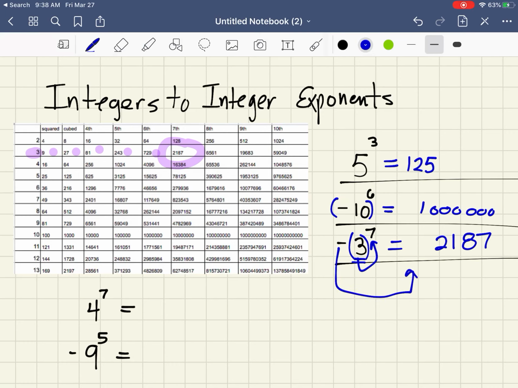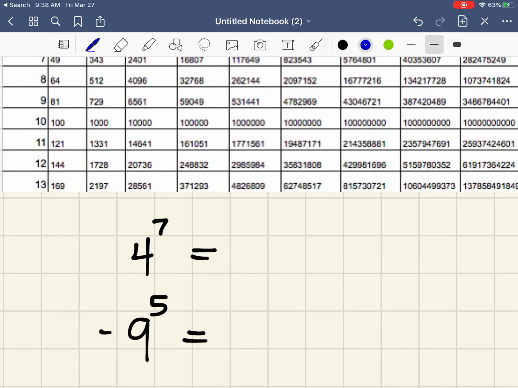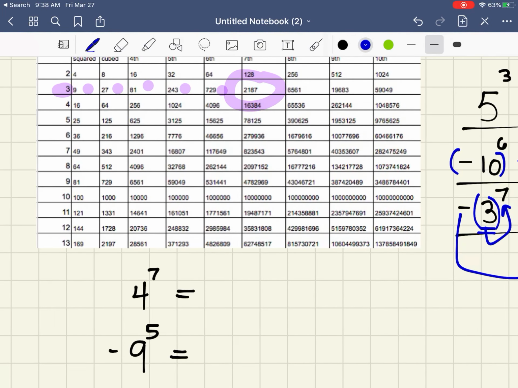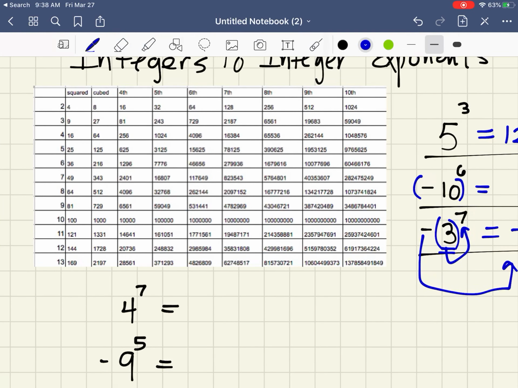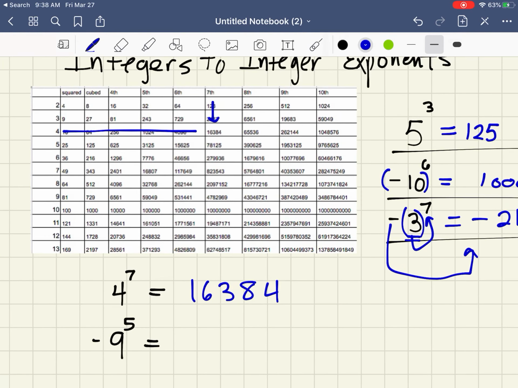And then this just means take the opposite of that answer. Down here, 4 to the 7th, same thing: 16,384. No negative sign, so no worries about that.